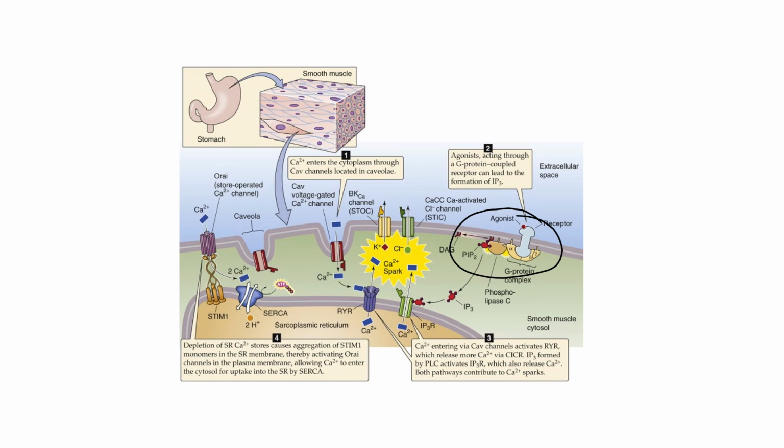Another pathway that can allow for smooth muscle to contract, to a lesser degree within blood vessels and to a greater degree within other organs throughout the body, is if the smooth muscle cell depolarizes, if the interior becomes more positive. That depolarization will cause voltage-gated calcium channels in the plasma membrane of these smooth muscle cells to open.